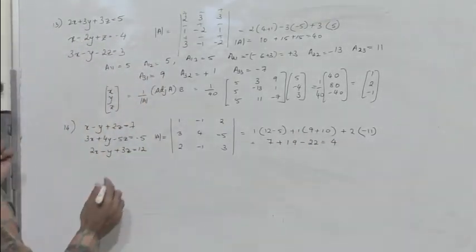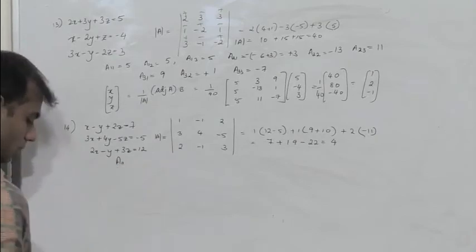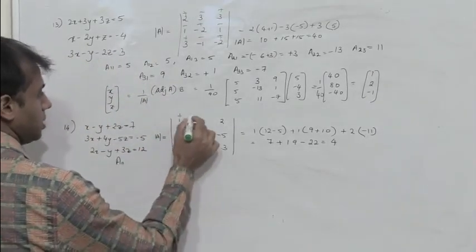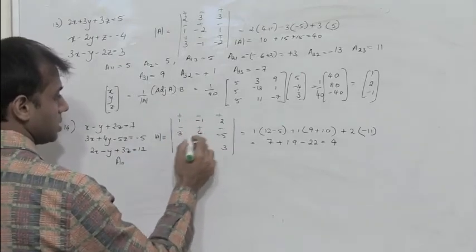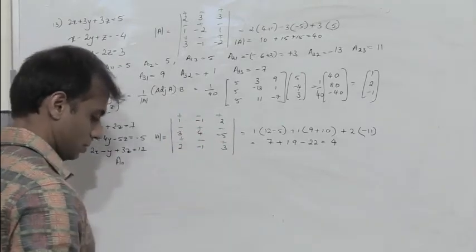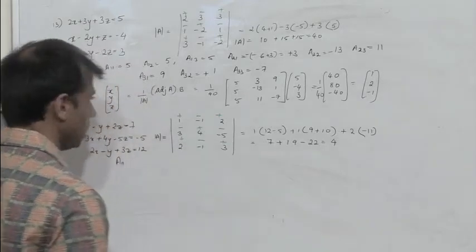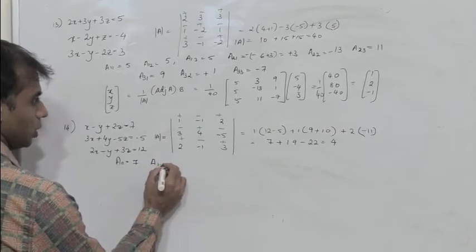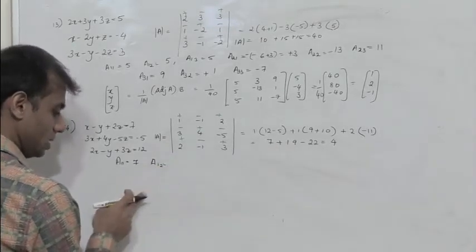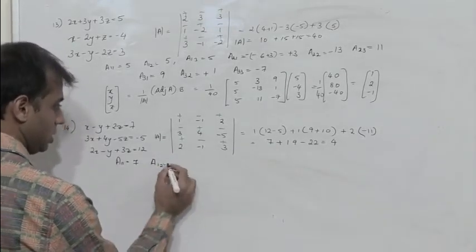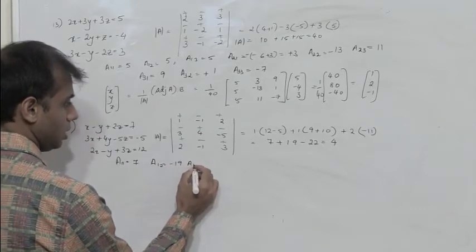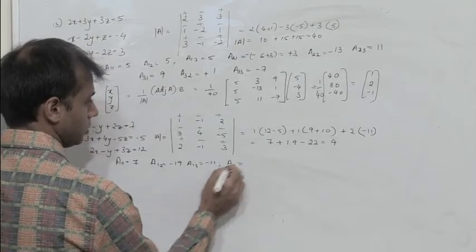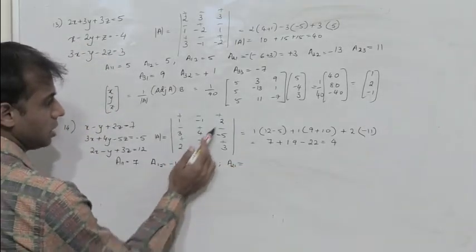So next, let's find the cofactors. A11 equals... let me write the polarities: plus minus plus, minus plus minus, plus minus plus. So A11 equals 7. Next, A12 is actually 19 with a minus sign here, so that gives me minus 19. A13 equals minus 11, which is calculated. Then A21 is minus 3 plus 2.